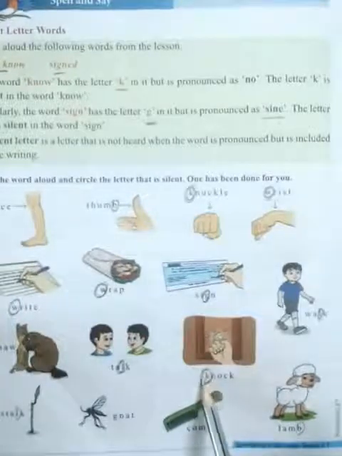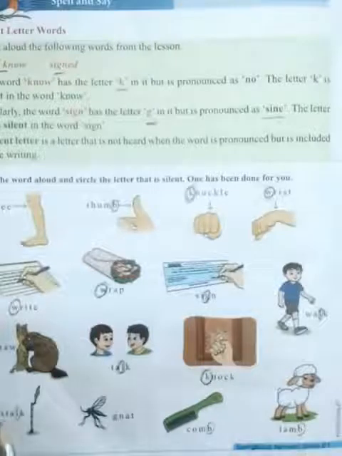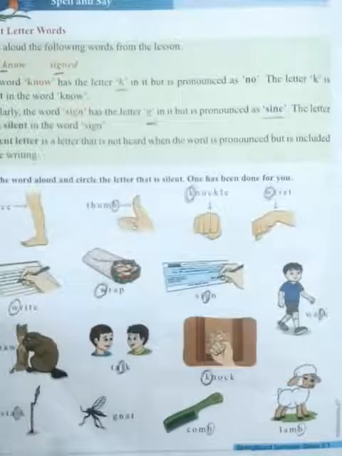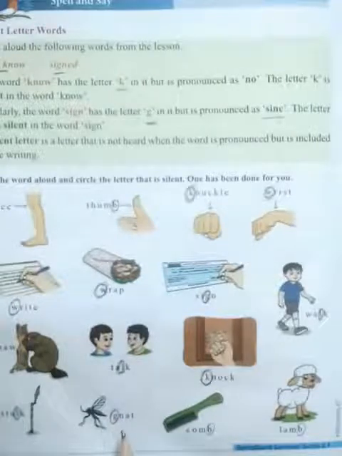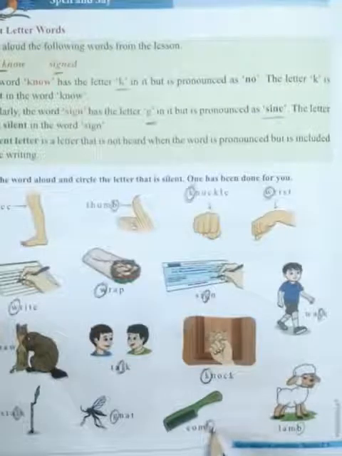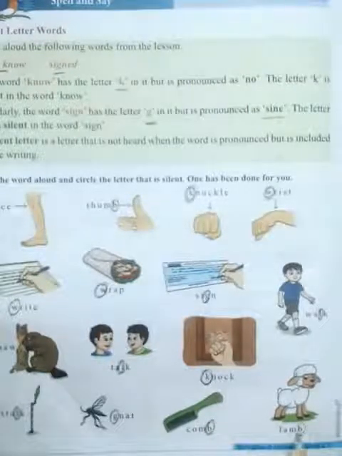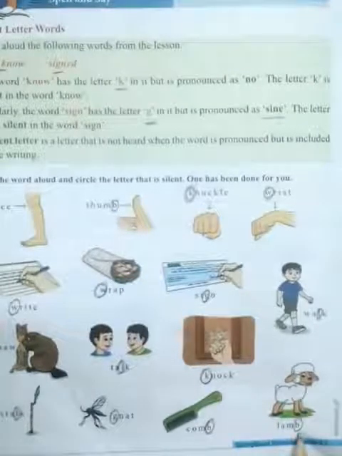K is the silent letter. S-T-A-L-K, L is the silent letter. Gnat. G is the silent letter. C-O-M-B, B is the silent letter. L-A-M-B, lamb. M is the silent letter. It is not heard when the word is pronounced.